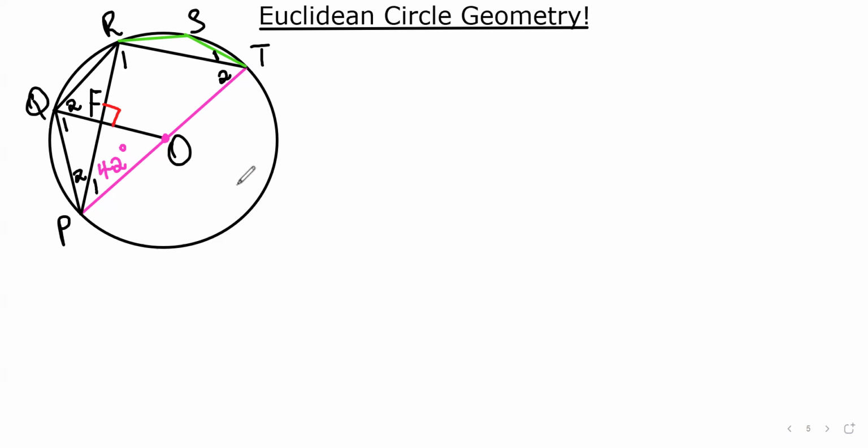And these two lines intersect at F. In other words, PR as well as QO intersect at F. That's true. And then they say POT is a straight line, and then angle P1 is 42 degrees.